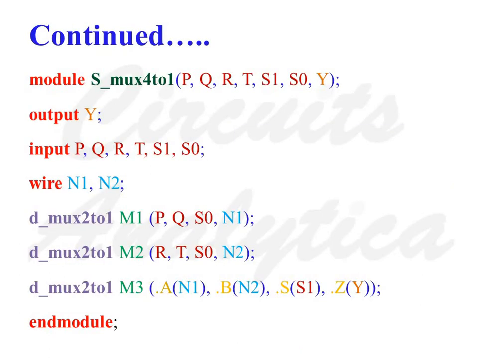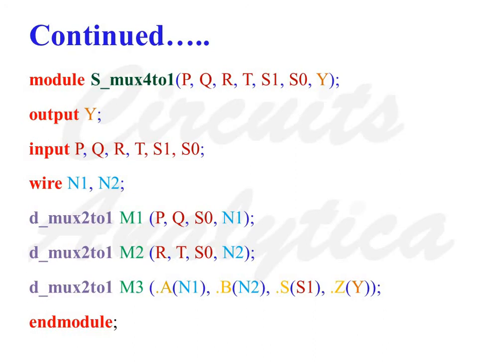This is the Verilog HDL code for a 4:1 multiplexer. Module S_MUX421 open bracket P, Q, R, T, S1, S0, Y specifies that the module is named S_MUX421 with ports P, Q, R, T, S1, S0 and Y. The next line, output Y, mentions that Y is an output port.